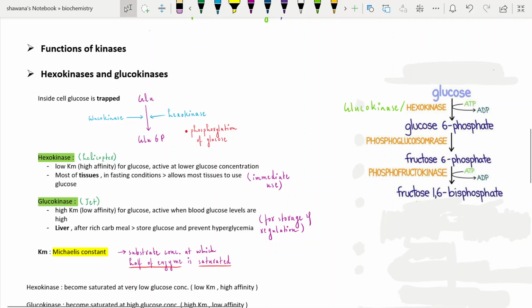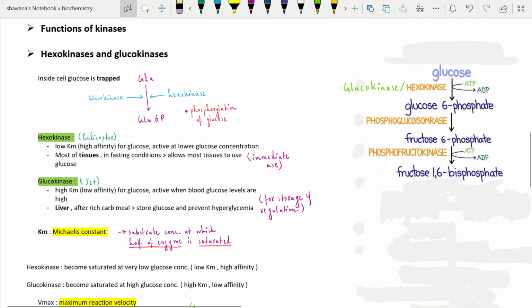What are the differences between hexokinase and glucokinase, these two enzymes? First of all, when glucose enters into the cell through GLUT transporters, it can be either GLUT1, 3, or 7, anything, not 5 because that is for fructose. As I have told you, GLUT transporters are two-way transporters, and these work by facilitated diffusion.